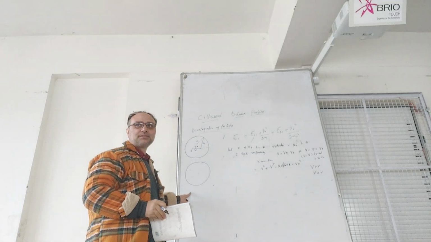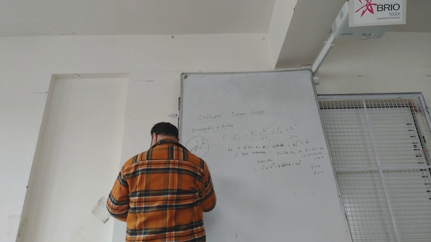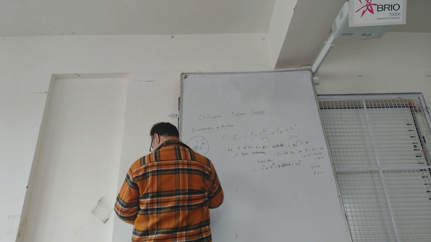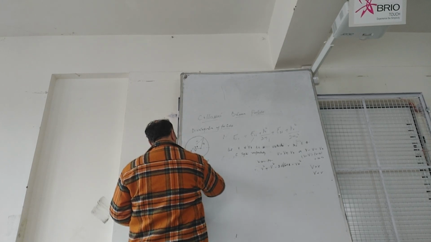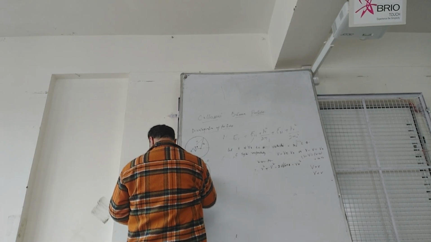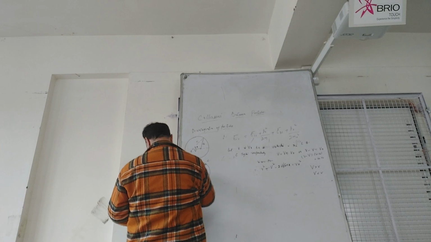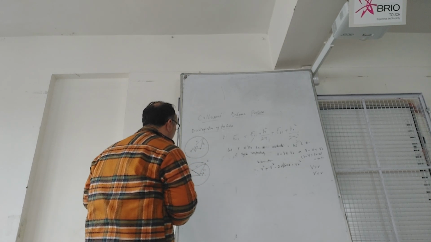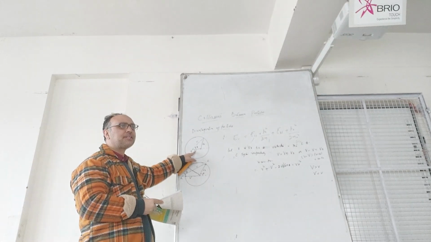Accordingly, we make these two diagrams here. This is v, this is theta, this is a.